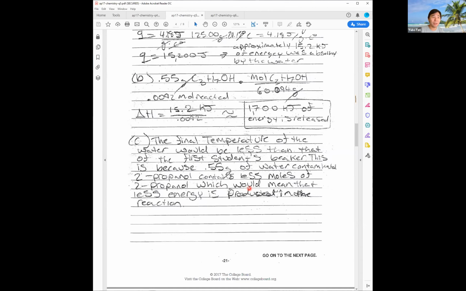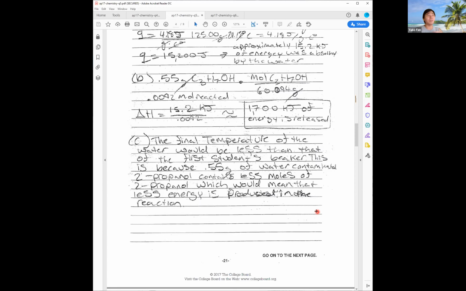The better explanation is that some of the heat is consumed by the vaporization of the water in the alcohol. So the explanation here is also wrong, so be careful about that, because it's not less. You still need to burn that much, at least a similar amount at the same time.